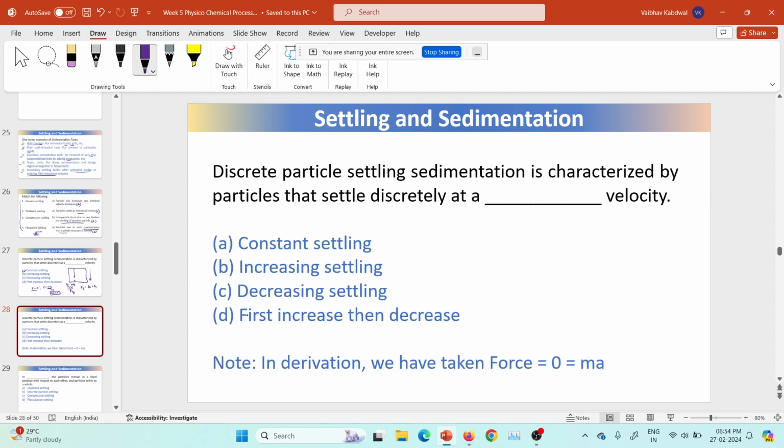This hint is also given in the derivation. We have taken force equal to zero, so mass cannot be zero. Acceleration is zero.